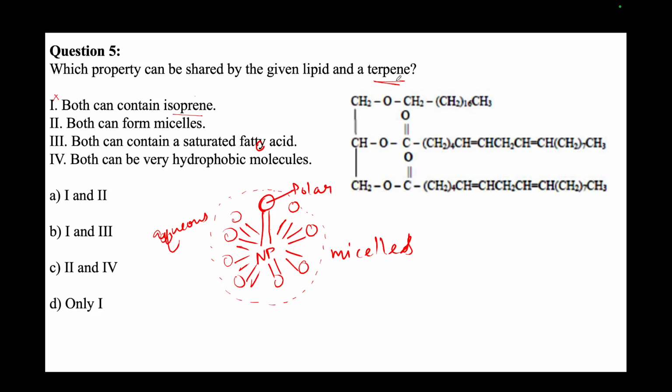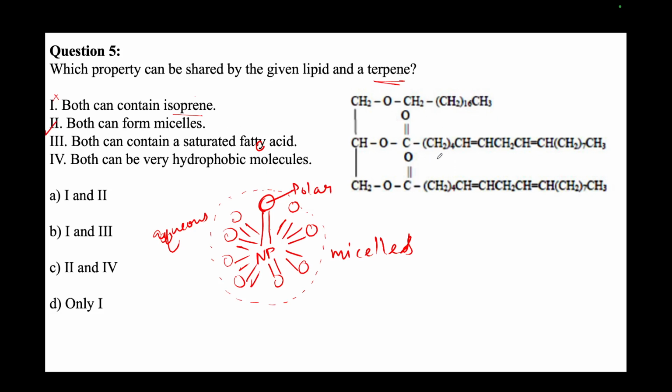Same with terpenes, since terpenes are also amphipathic molecules, they also have polar and non-polar parts, so they will also form micelles. So both can form micelles. This is a correct statement. Now, both can contain a saturated fatty acid.